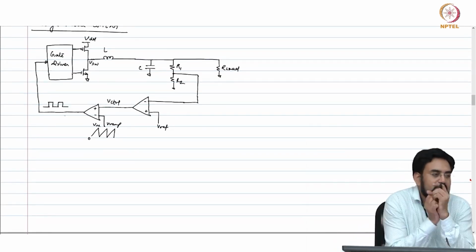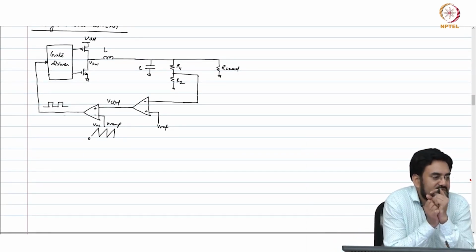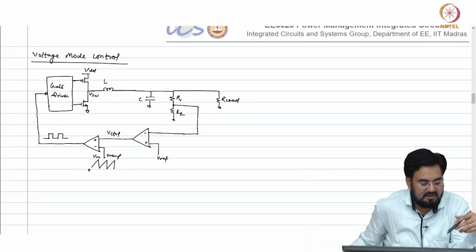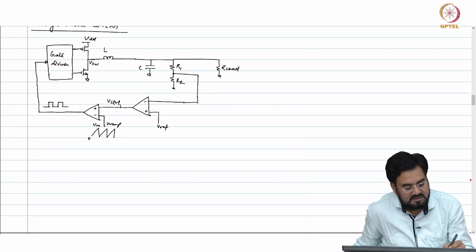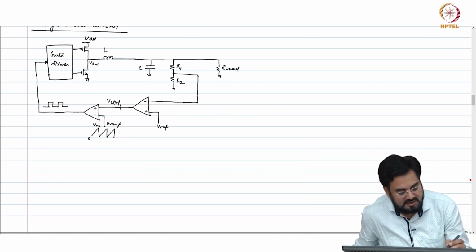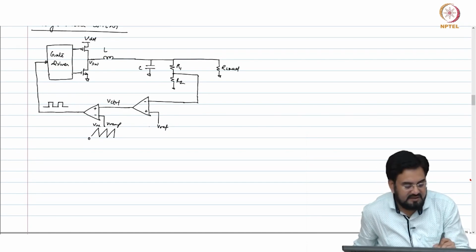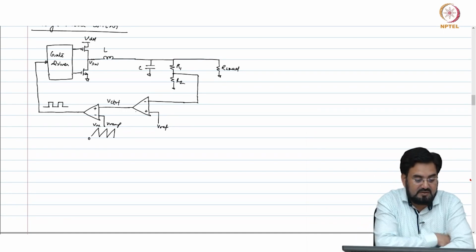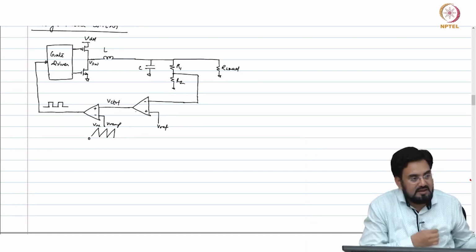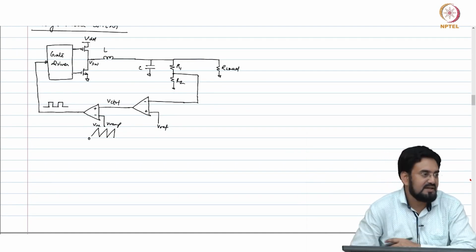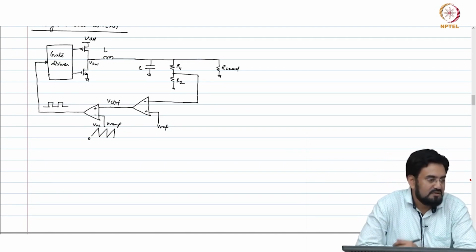So if I want to do loop gain analysis for stability purpose, the reason we call it voltage mode control is because your duty cycle is only controlled by the voltage, you do not have any current component here, and we need an amplifier because I have to regulate my output or feedback voltage to Vref. So you need a very high DC gain. Okay.